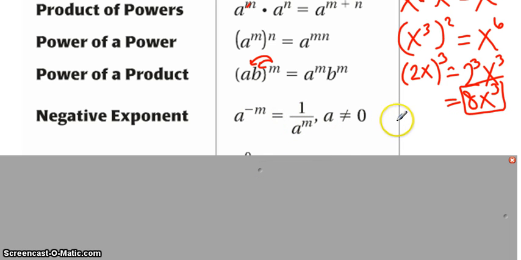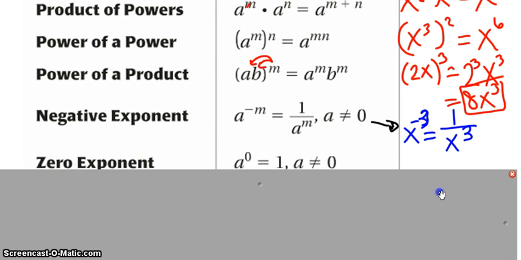For example, let's say you have x to the negative 3rd power. Then you would flip the x, not the 3. So it'd be 1 over x cubed. And the 3 becomes a positive when you flip it.